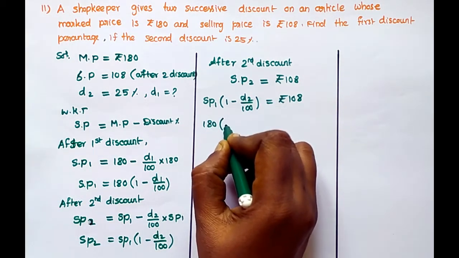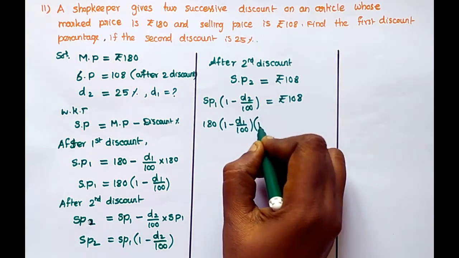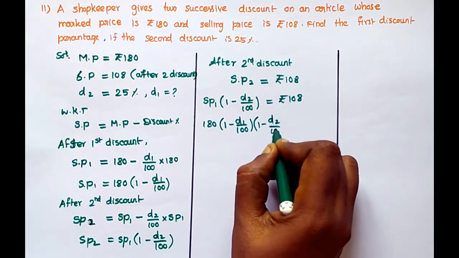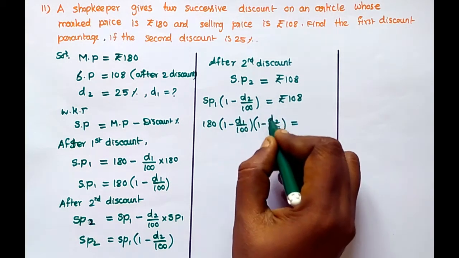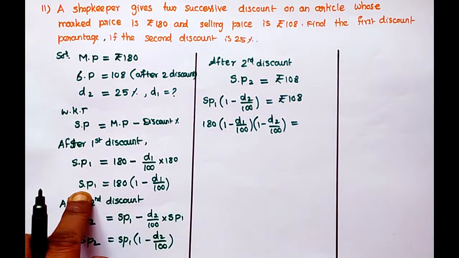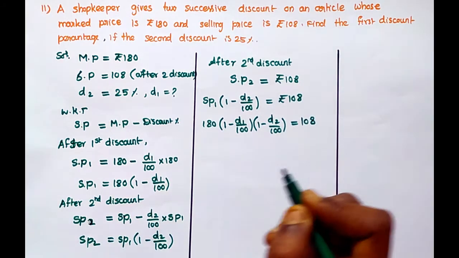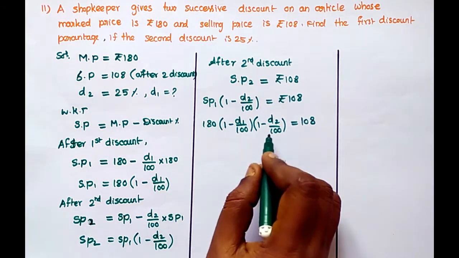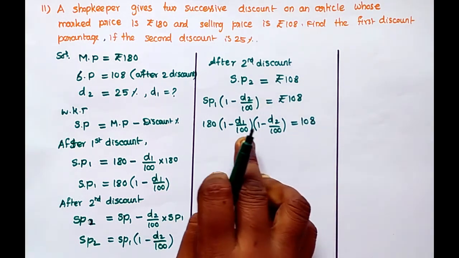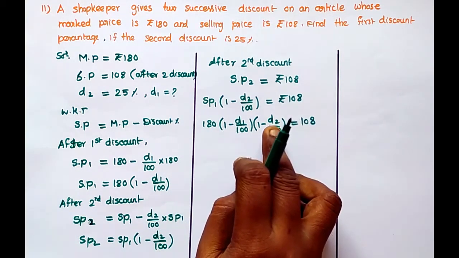So 180 into 1 minus D1 by 100 into 1 minus D2 by 100. Already 1 minus D2 by 100 is there. Instead of SP1 we substitute the value, equal to 108. Now we want to find out this one, because D2 we know that.